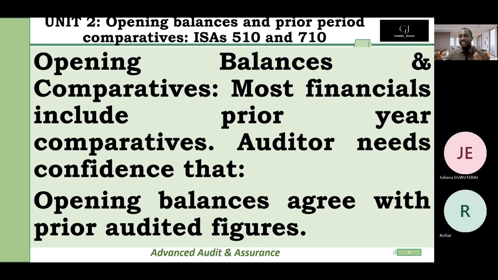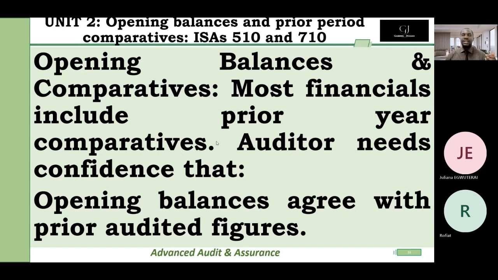So we need to be confident and have this level of comfort that the opening balances agree with the prior year audited figures. So for example, the closing balance of the inventory for last year should be the opening balance of inventory for this year. So we need to make sure these comparatives are in agreement.